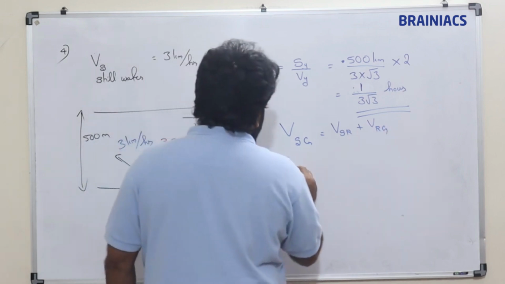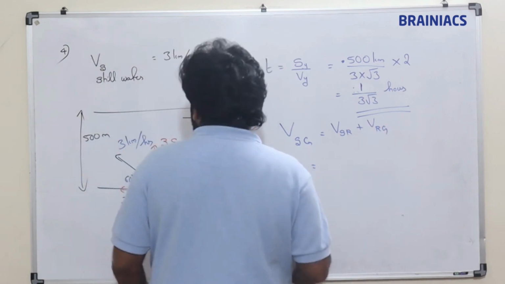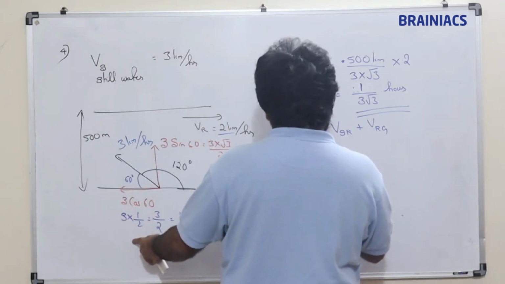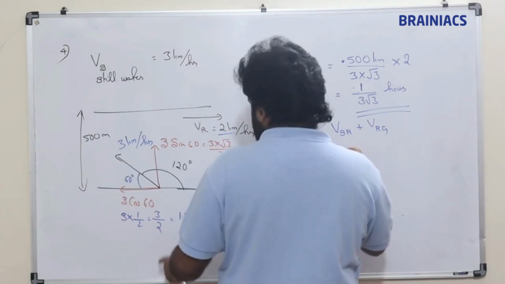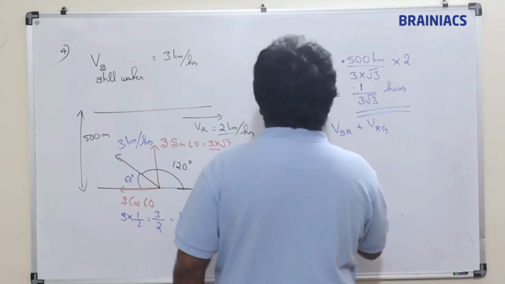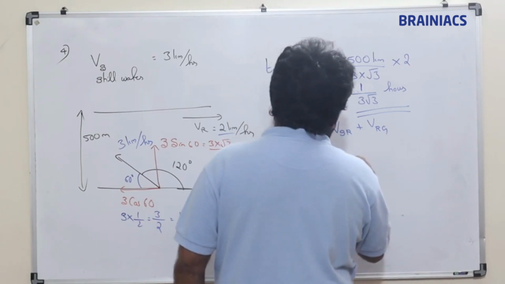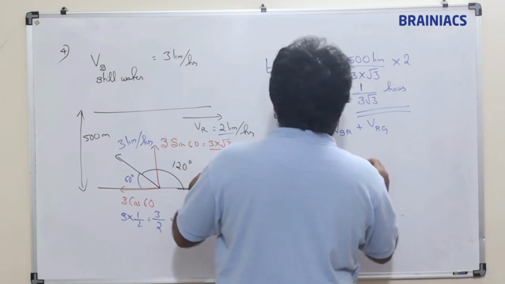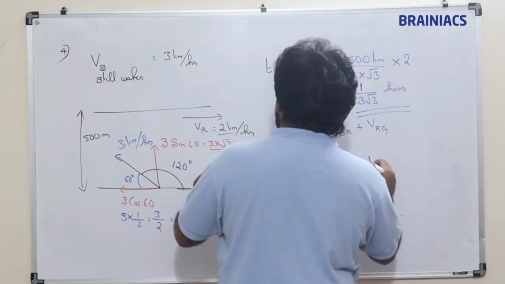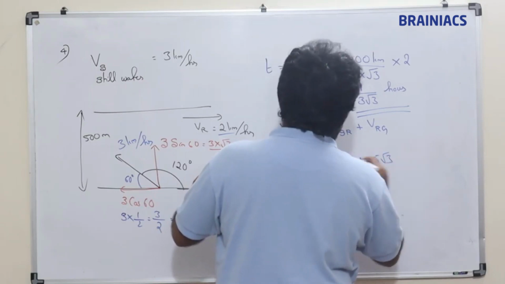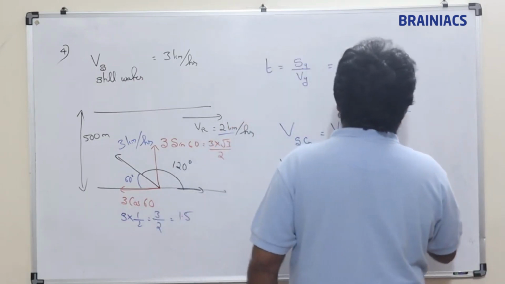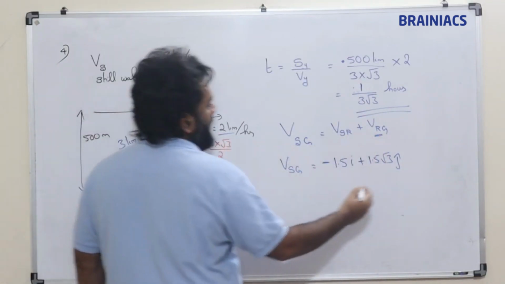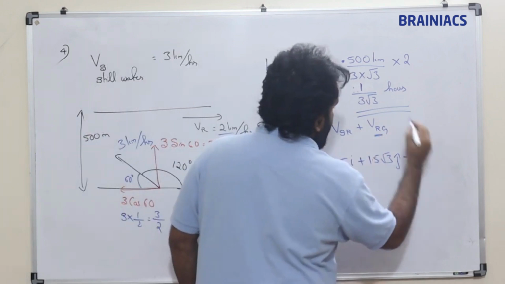Velocity of swimmer with respect to river is minus 1.5 I plus 1.5 root 3 J, and velocity of river with respect to ground is plus 2I.